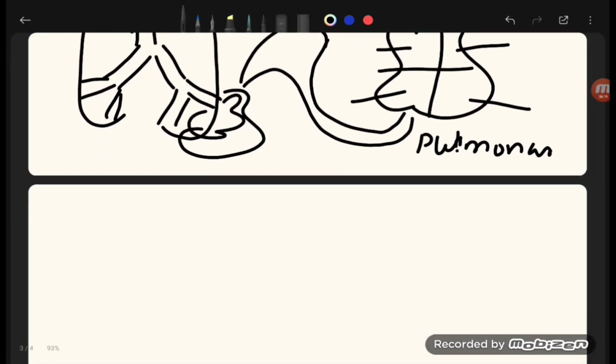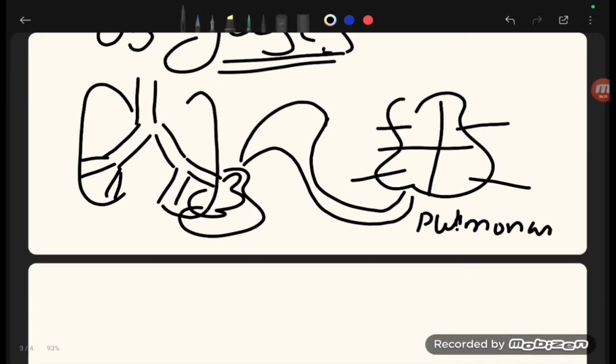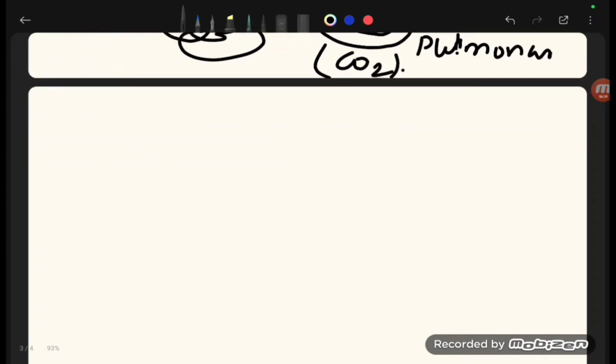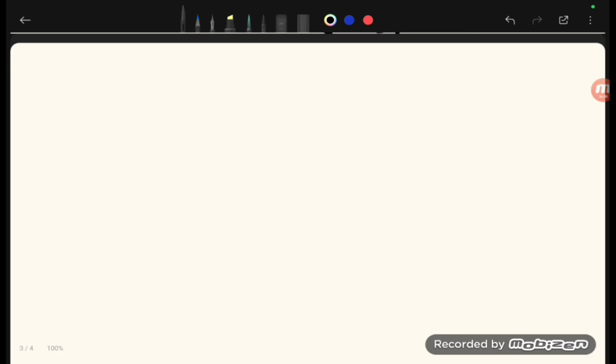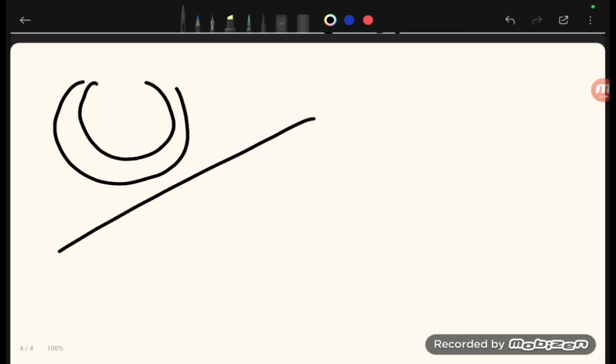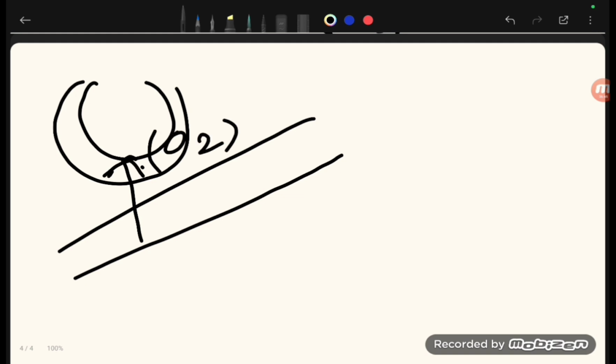This is deoxygenated blood, which has carbon dioxide. At the site of the alveoli, these are the pulmonary arteries. In the alveoli we have oxygen, and in the pulmonary artery we have carbon dioxide, CO2.